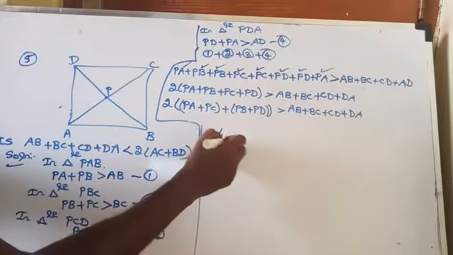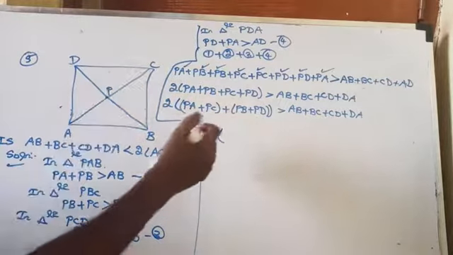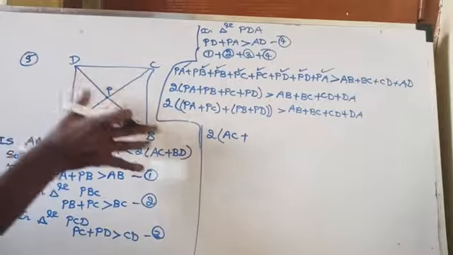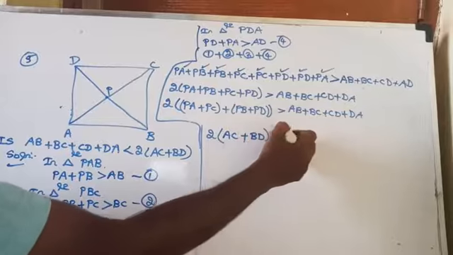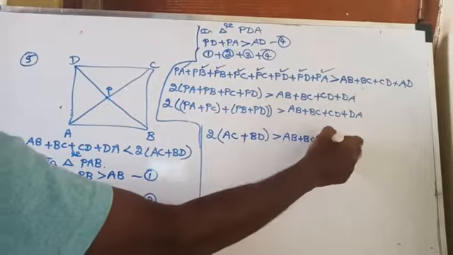That is, 2 times AP plus PC means AC, so 2 times AC, and PB plus PD gives BD. So 2 times AC plus BD is greater than AB plus BC plus CD plus DA.